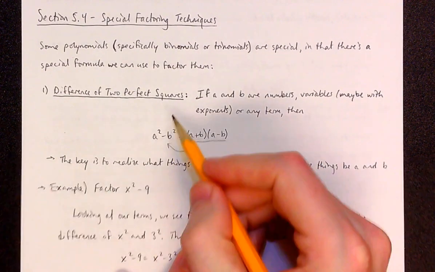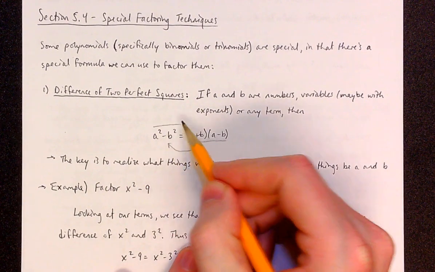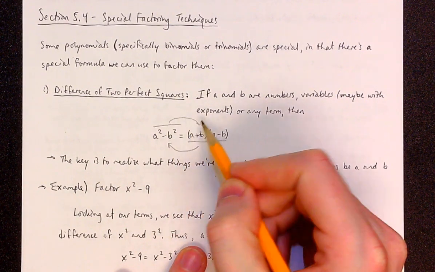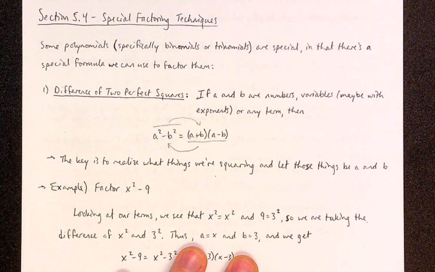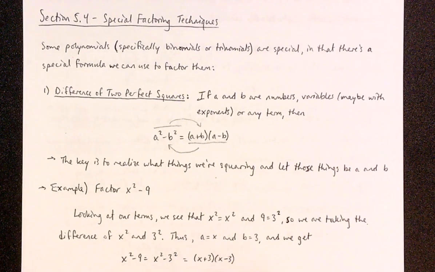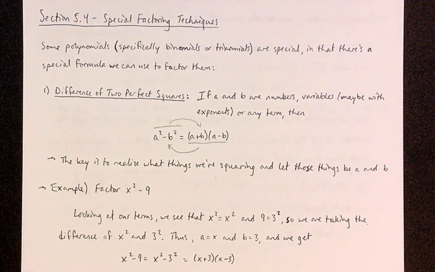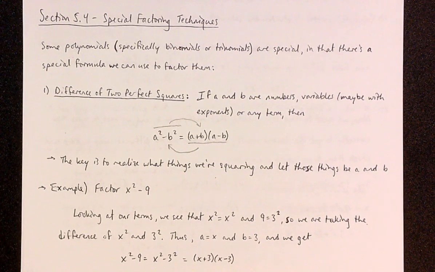Now we're going to go the opposite way. Now we're going to start with something like this, and we're going to turn it into something like that. And the key thing here really is to just realize what things we are squaring, and then let those things be our A and our B.